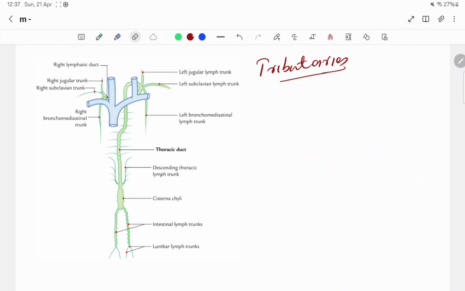Now, what are the tributaries in the neck? In the diagram we have the left jugular lymphatic trunk, left subclavian lymphatic trunk, and the left bronchomediastinal lymphatic trunk. These three drain into the thoracic duct at the neck.